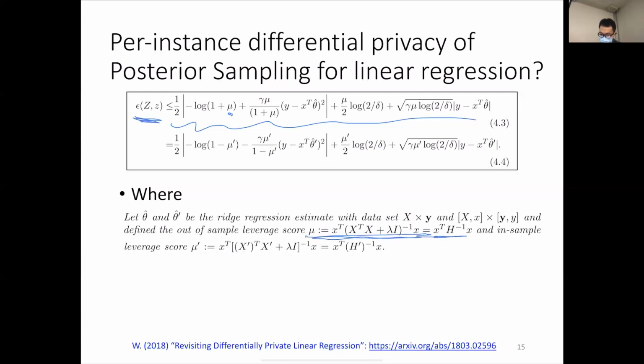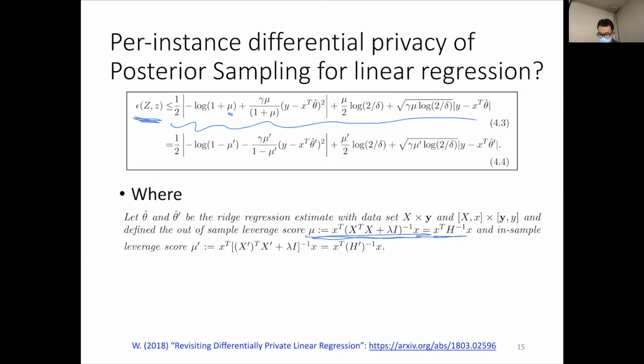It's really the directional inverse Hessian, or, for those who are familiar with regression analysis, this is called the sample leverage score for this data point X.